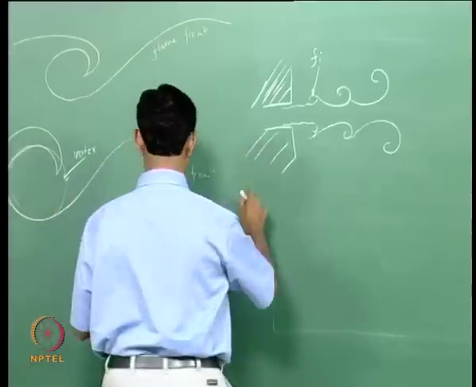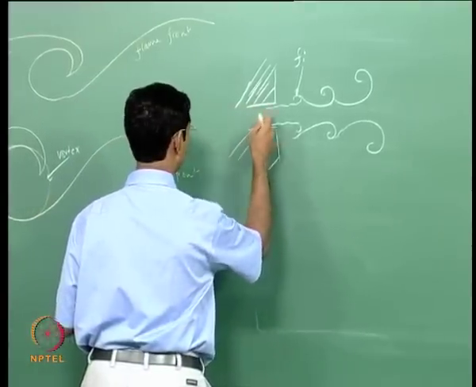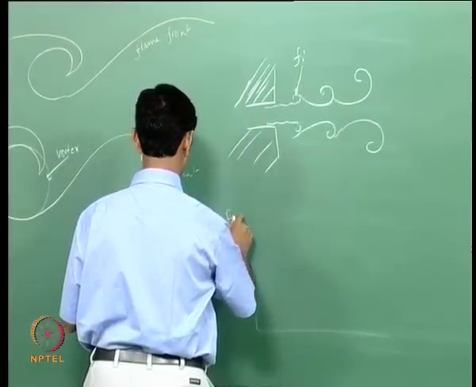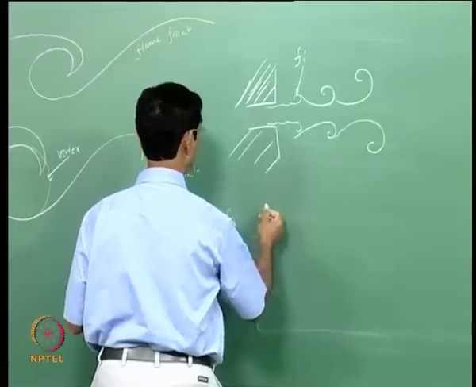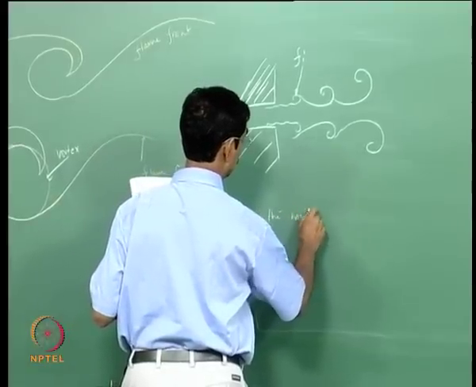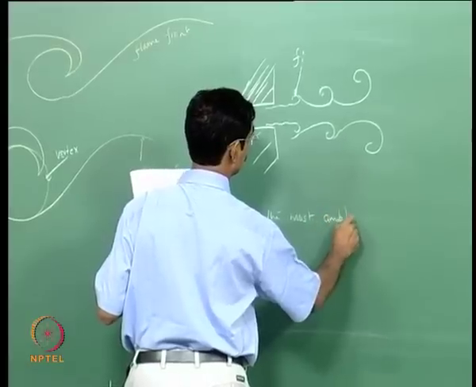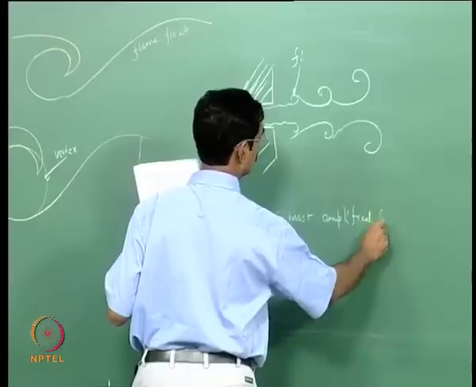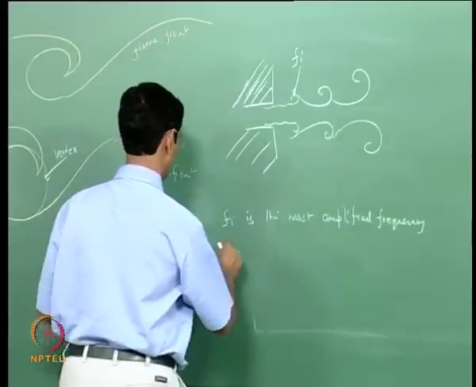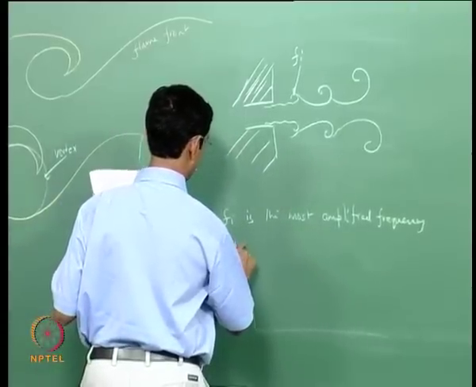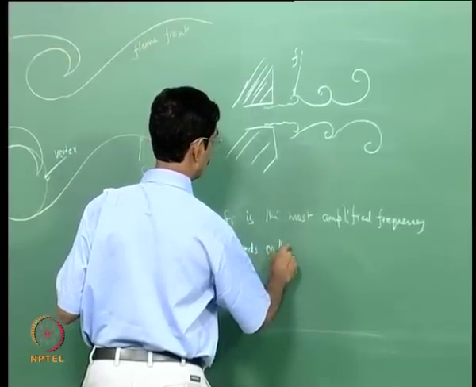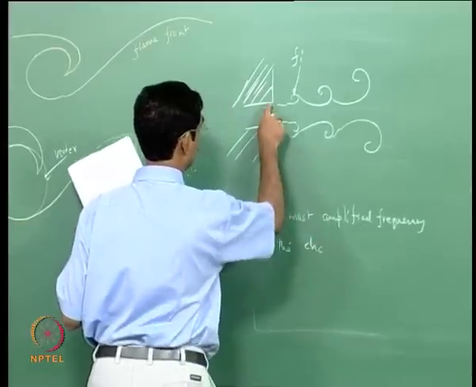So this Fi is the initial vortex shedding frequency at the initial region, and it is the most amplified frequency. It depends on the characteristics of the exit velocity profile, that is the velocity profile here.